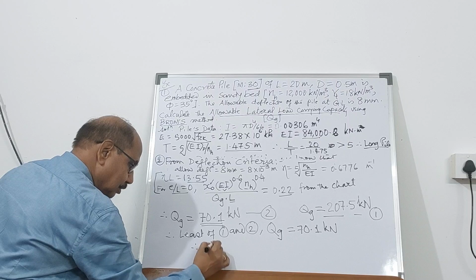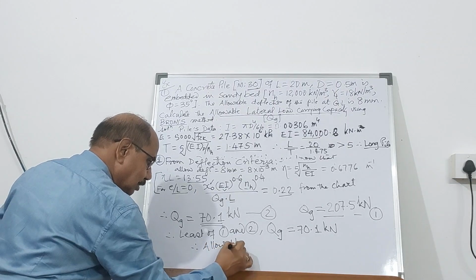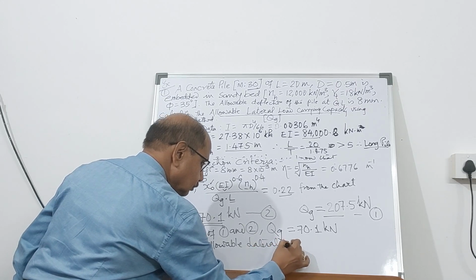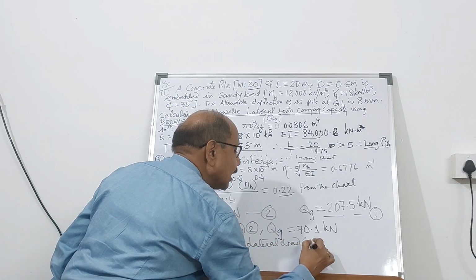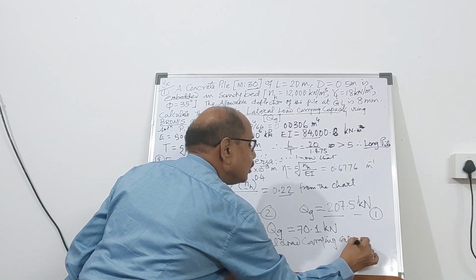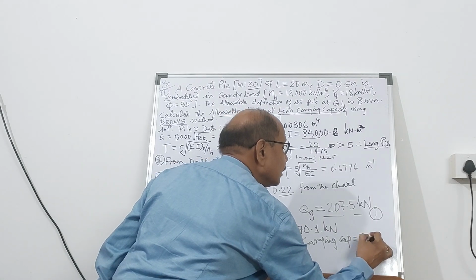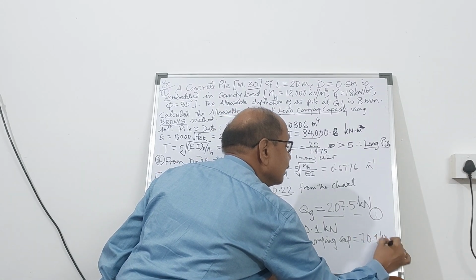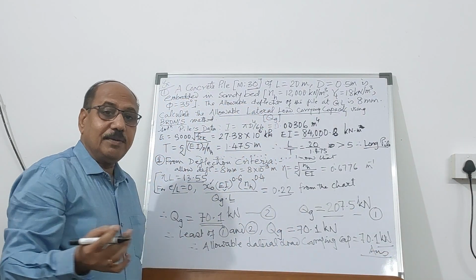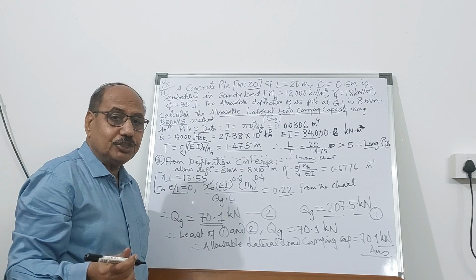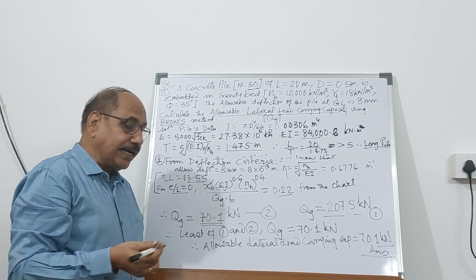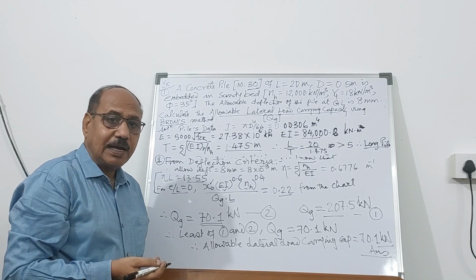Therefore, allowable lateral load carrying capacity equal to 70.1 kilonewton. This is the answer. So simply by using the chart, you are in a position to calculate the lateral load carrying capacity of the pile. Thank you very much.